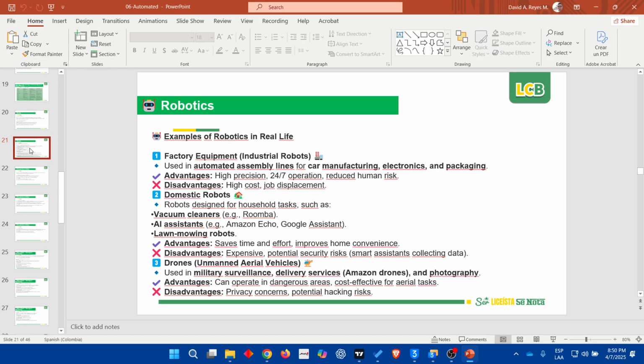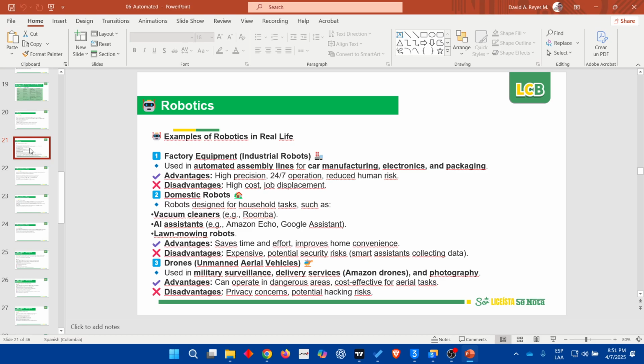Domestic robots, robots designed for household tasks like vacuum cleaners, AI assistants, and moving robots. Advantages: save time and effort, improves home convenience. Disadvantages: too expensive and potential security risk.